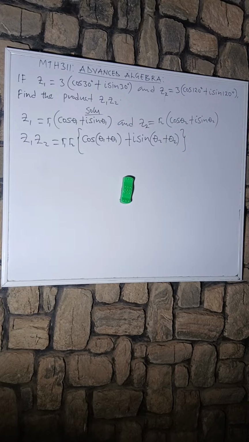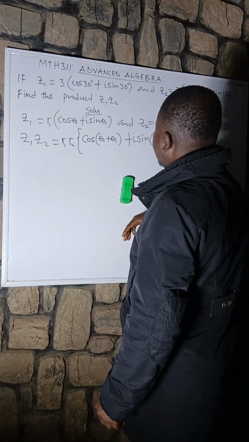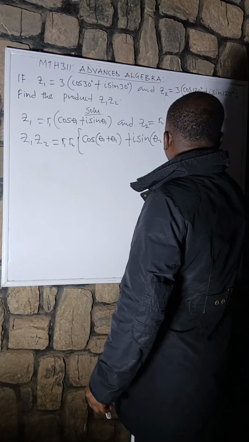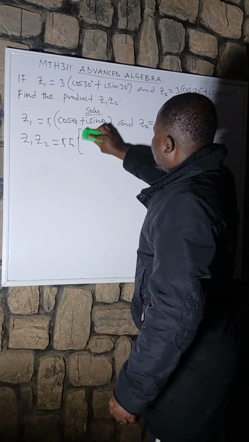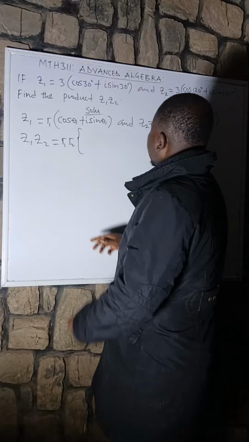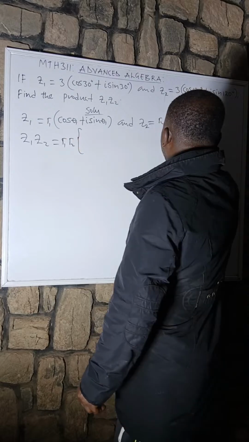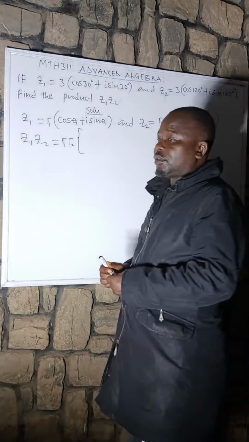I think I made a mistake here. It's supposed to be cos of theta 1 plus theta 2, not cos theta 1 plus cos theta 2. This is how it's supposed to be, sorry.